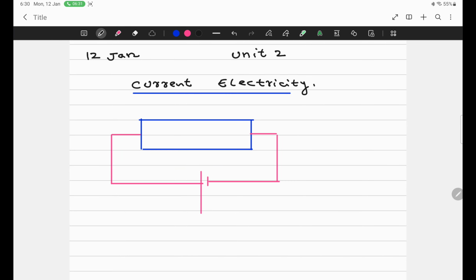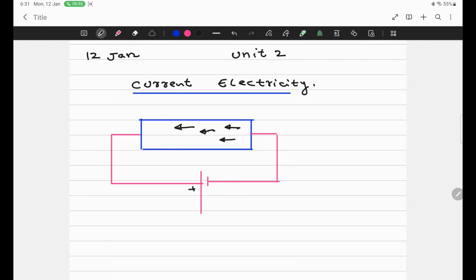If the metal rod is not connected with a battery, then these free electrons will be moving in a random direction. But when you connect this metal rod with a battery, all these electrons begin to flow towards the positive terminal of the cell.